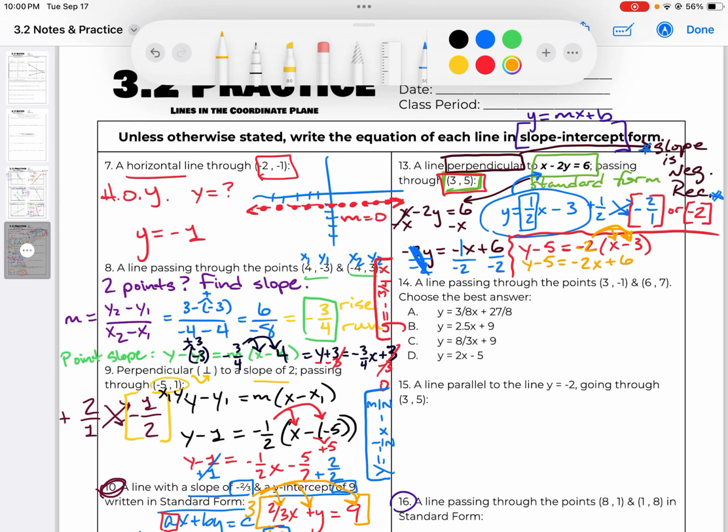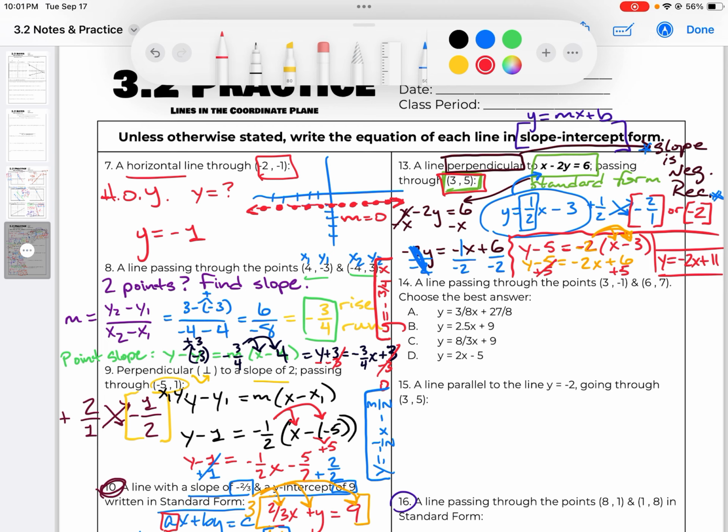And then the last thing I'm going to do, I need to isolate the y, so I'm going to add 5 to both sides. And finally, the equation of a line perpendicular to the given line is y equals -2x plus 11. There is my answer. All right, a lot of steps to that one.